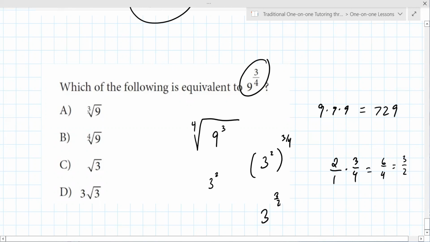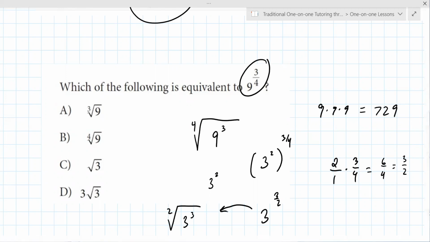Now, which is the correct answer? I'm not gonna lie, I can't see it. Did you at least write the square root of 3 to the power of 3 from this? Oh yeah, but none of them are there.